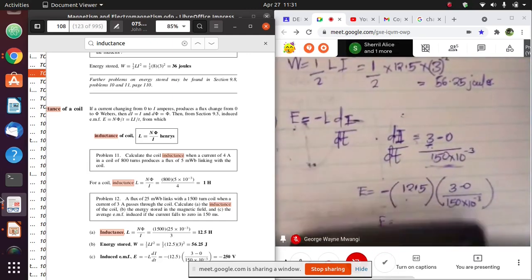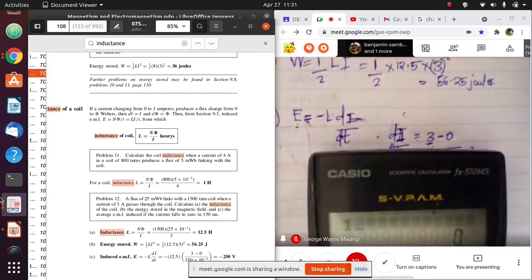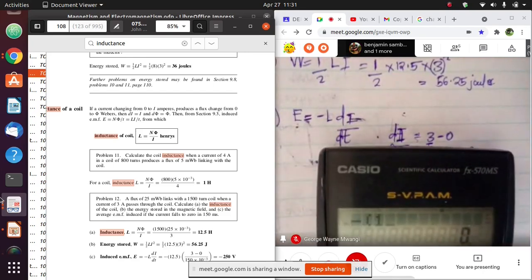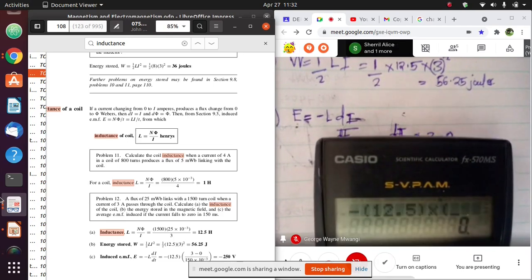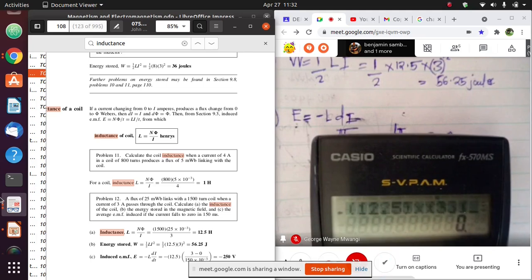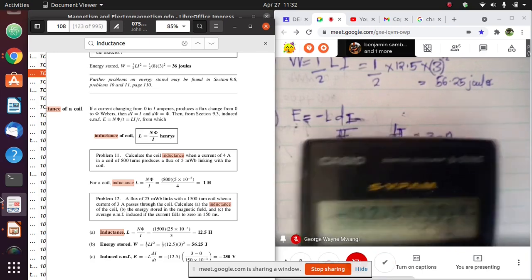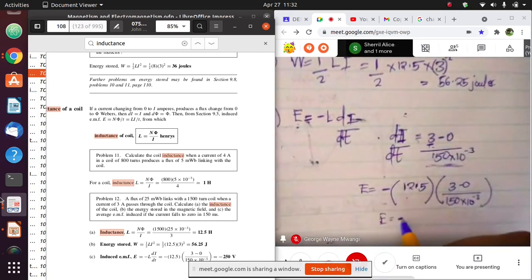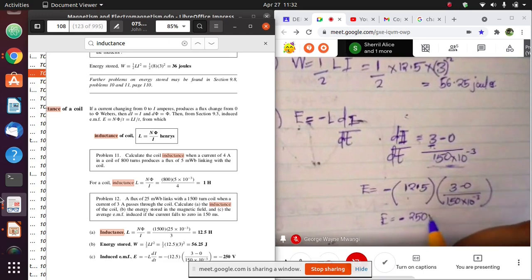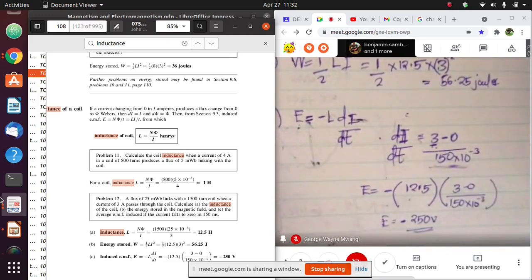This will give us an induced EMF of 12.5 times 3 over 150. Inakupatia nini? Minus 250 volts.